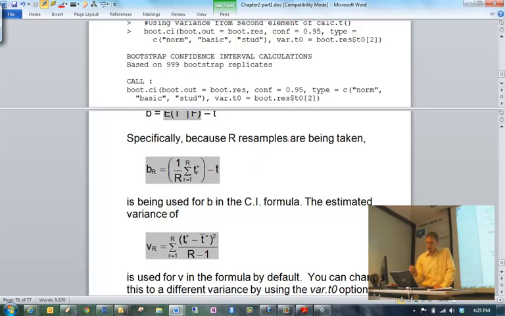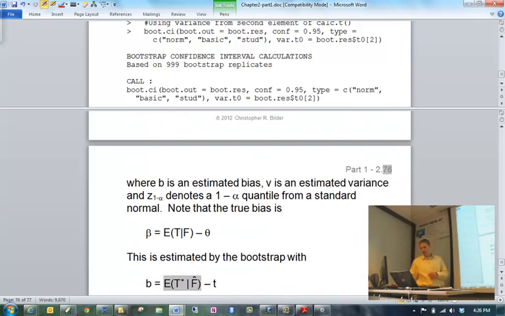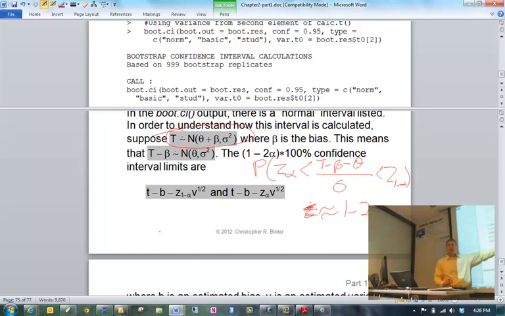Now, if you were to use the boot.ci function, and let's say set type equal norm only, and let's say calc.t only had one element in it, returning to the user your t, so no variance at all, then R will, for V, substitute a bootstrap estimate for V into the formula that you see back here.